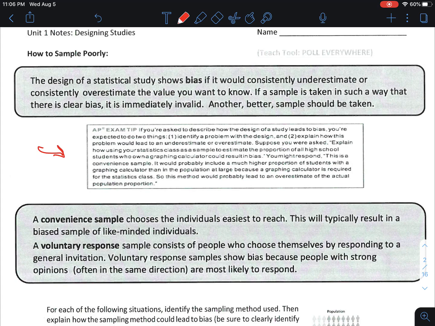Voluntary response sample also likely will show bias in the following way. It consists of people who choose themselves by responding to a general invitation. So maybe I ask you via this video right now to answer the following question. I want you to respond to me, and I actually want you to do this, 100%.